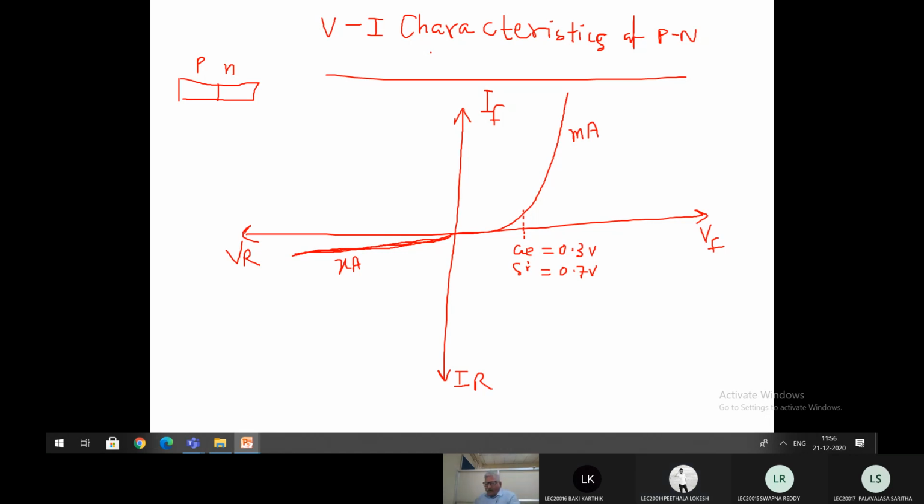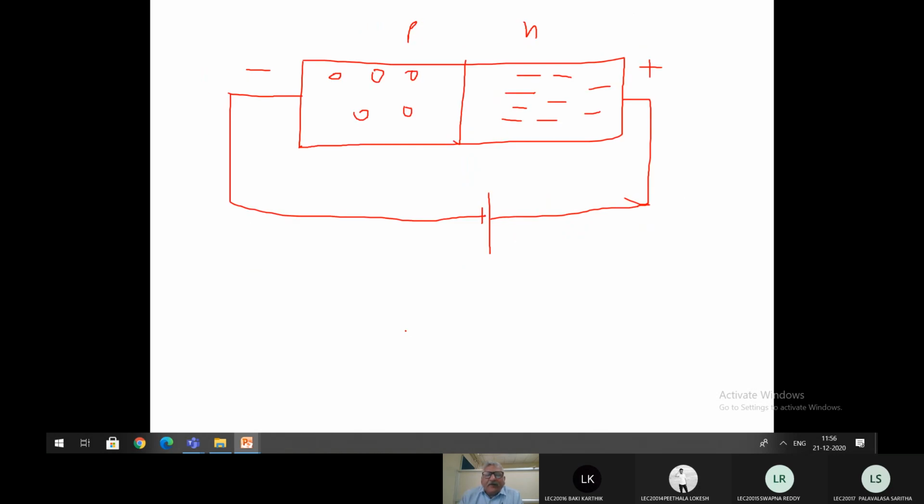No. I have applied a reverse bias which is much lower than the breakdown voltage of this diode. Suppose, let us assume, the breakdown voltage in reverse bias condition is 50 volt, but I have applied much less, only 10 volt, right?